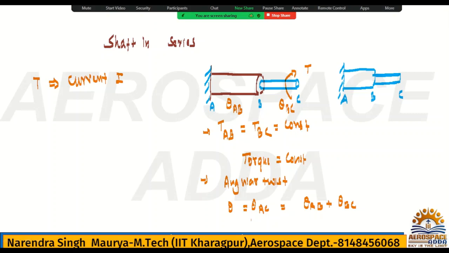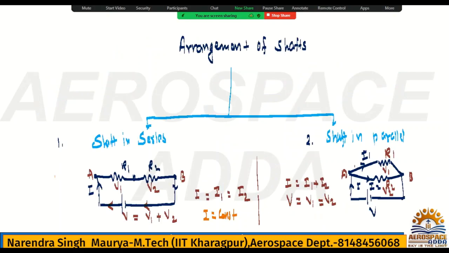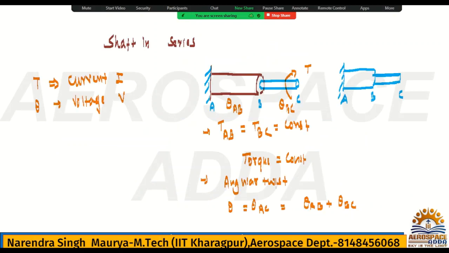Now theta is the analogy of the voltage V in a series circuit. In a series circuit, voltage was additive, V is equal to V1 plus V2, if you recall. So what was theta? If you check the formulation, theta is nothing but theta per unit length, or angular twist per unit length.